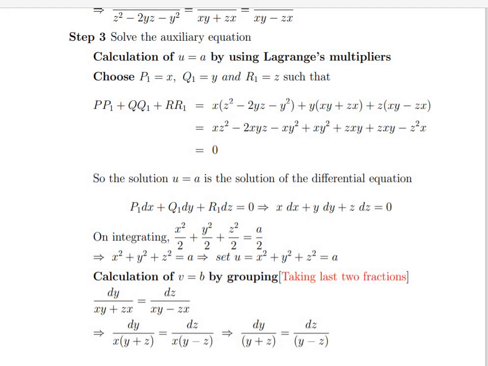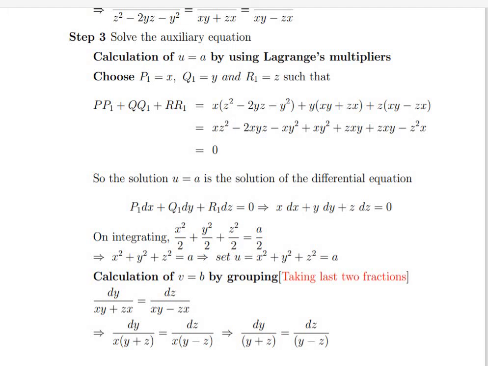On opening the brackets and simplifying, we are getting it as 0. So the solution u equal to a is the solution of the differential equation p1 dx plus q1 dy plus r1 dz equal to 0, which implies x dx plus y dy plus z dz equal to 0.